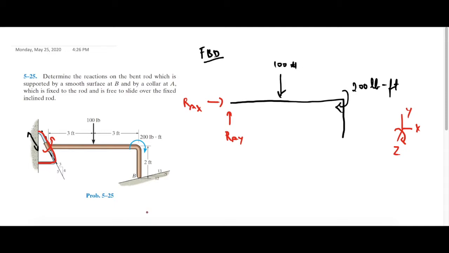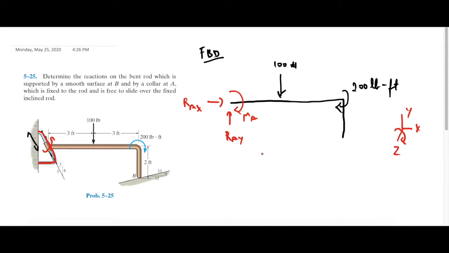We're not going to be accounting for a moment about the X or the Y. And that's it. So let's just include that. We'll call this perhaps MA, and the direction is a total guess, right? The sign will tell us later. And that's it for reactions at A, those are the three main ones we get.